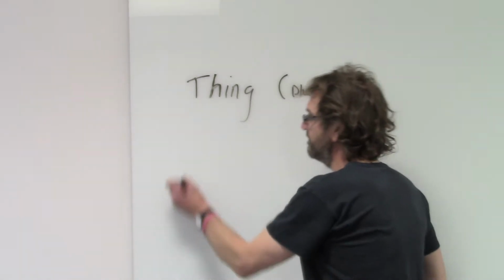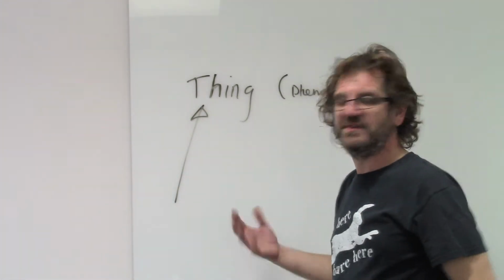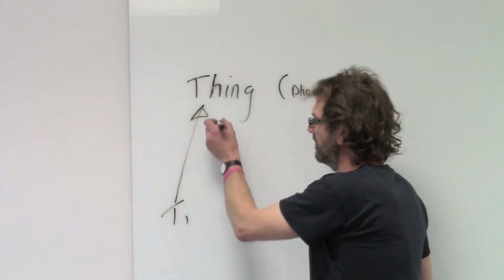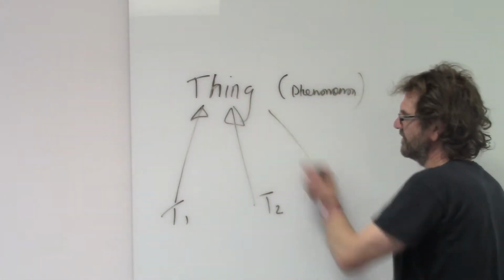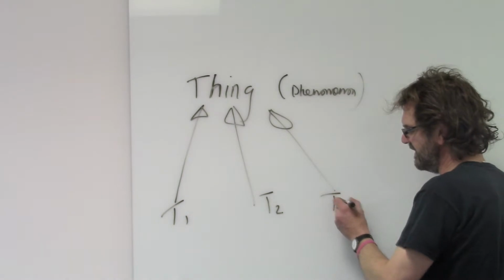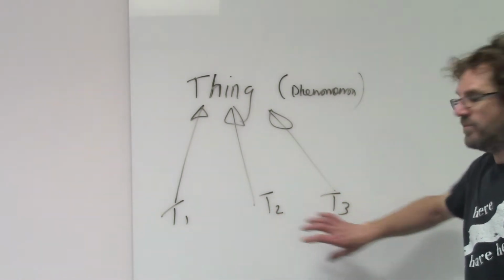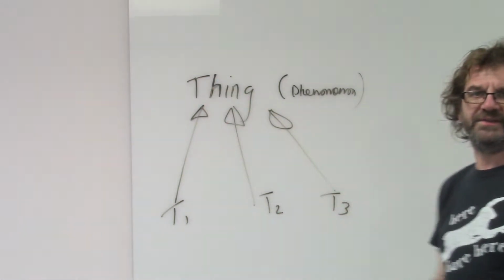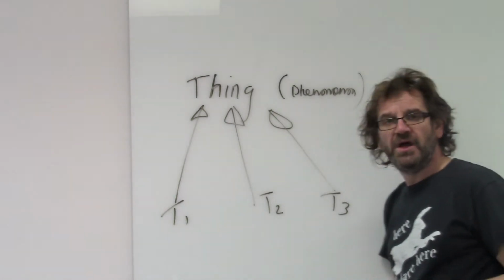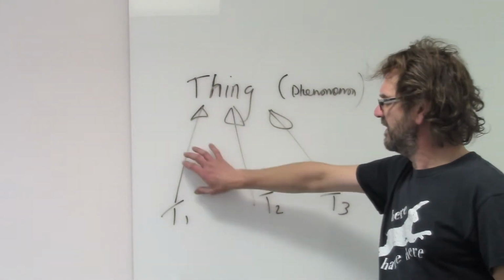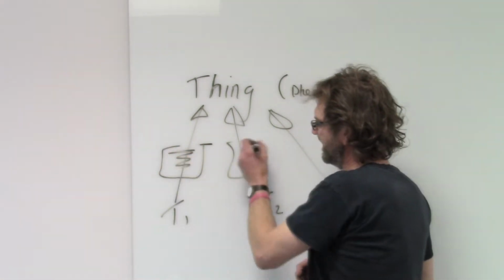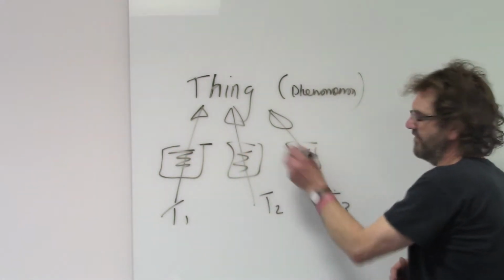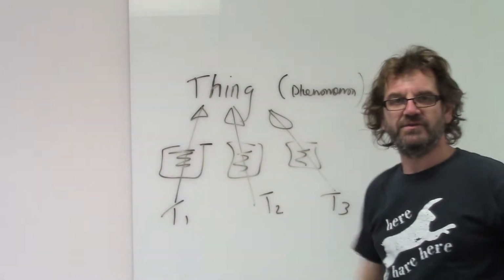So we can think of this as being multiple competing theories or hypotheses, whatever you want to call it. I'm just using T to stand for theory or theoretical account. And we might have three different theories all competing to explain this single thing here. In order to show that these theories explain the thing, we do experiments or we collect data and we find evidence for these potential theories.